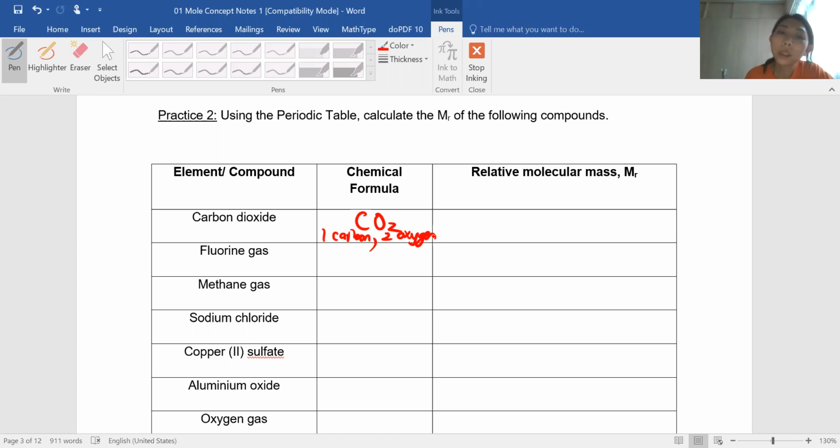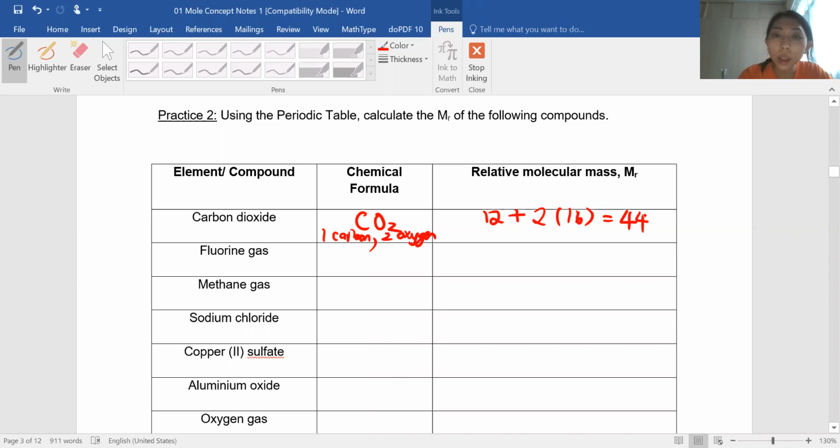For carbon, the bigger number is 12. Plus I need to add up oxygen. How many oxygen do I have? I have 2 of it, and each oxygen has a relative atomic mass of 16. When I add them up, it gives me 44.